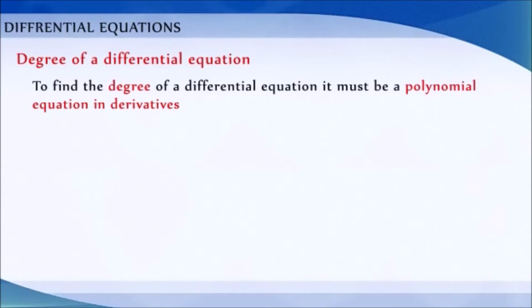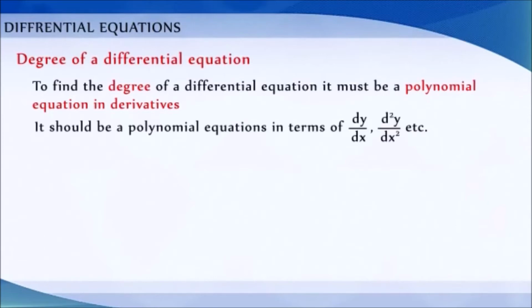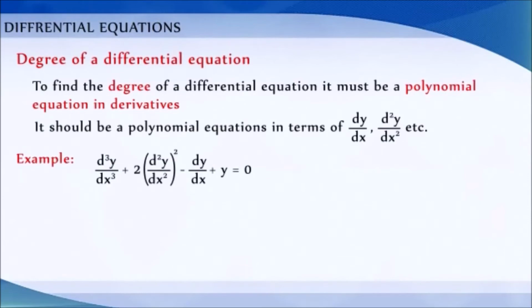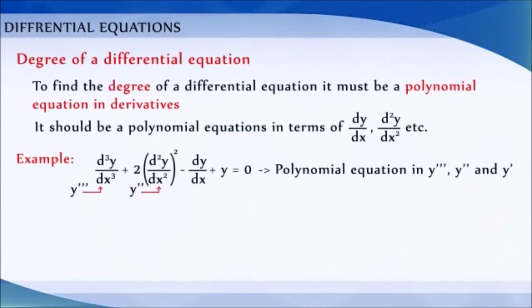Degree of a differential equation. To find the degree of a differential equation, the differential equation must be a polynomial equation in derivatives. That is, it should be a polynomial equation in terms of dy by dx, d square y by dx square, etc. For example, d cube y by dx cube plus 2 into (d square y by dx square) whole square minus dy by dx plus y is equal to 0 is a polynomial equation in y triple dash, y double dash and y dash.